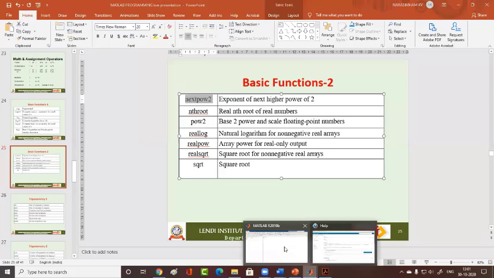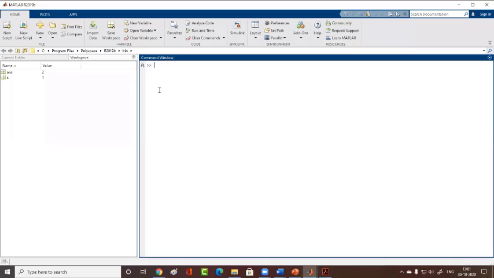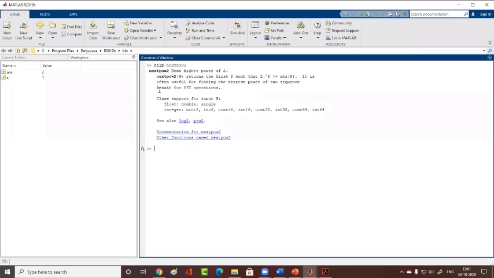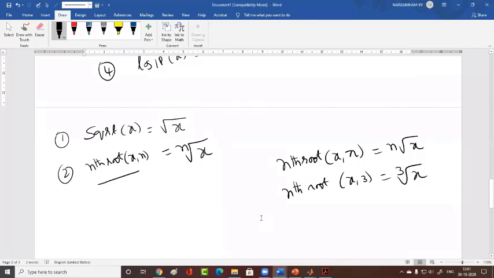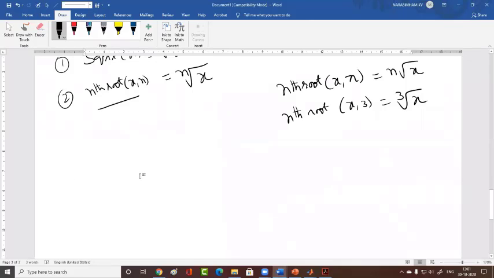Now in the next function, suppose you want to know about this one, simply type help nextpow2. Next higher power of 2 of x.